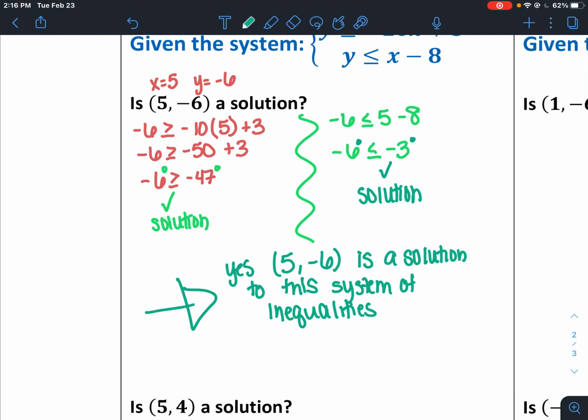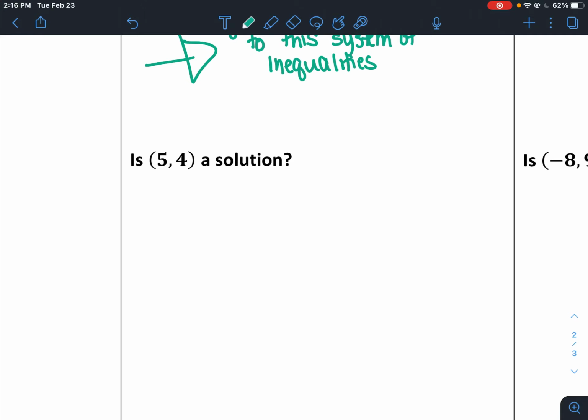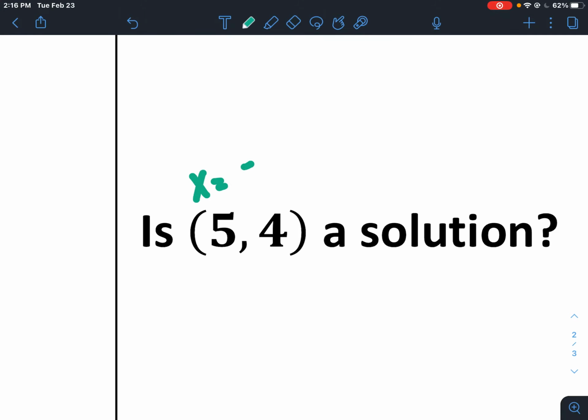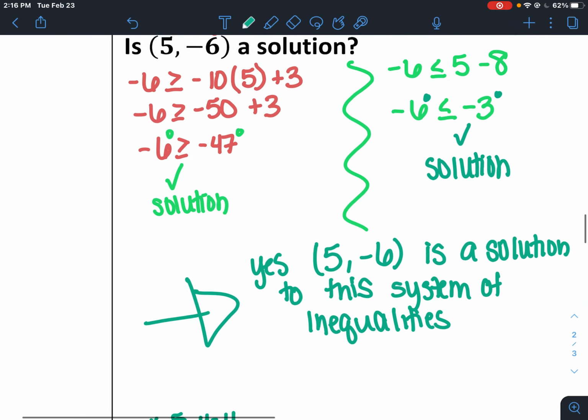Now, let's look at one that would not be a solution. So we have the point 5, 4. Is it a solution? So x is 5, y is 4. I'll plug them into both of these inequalities to see if it is a solution or not.